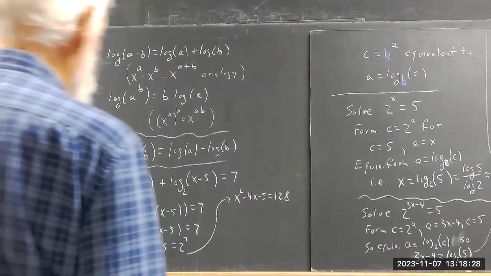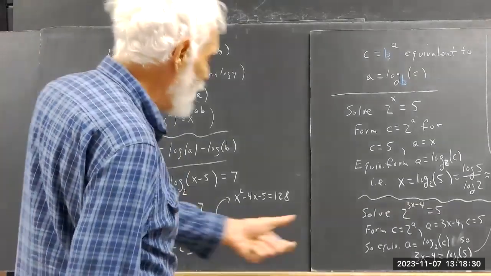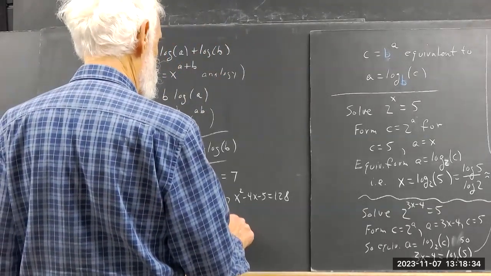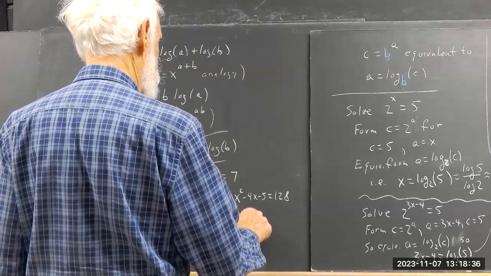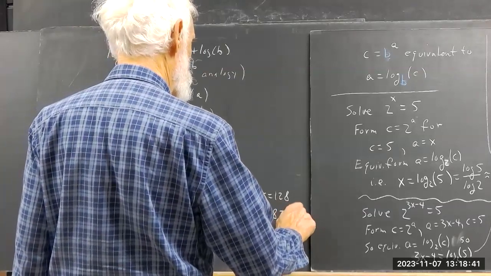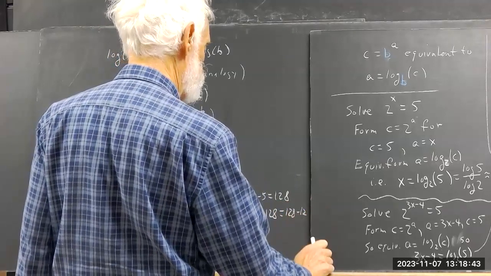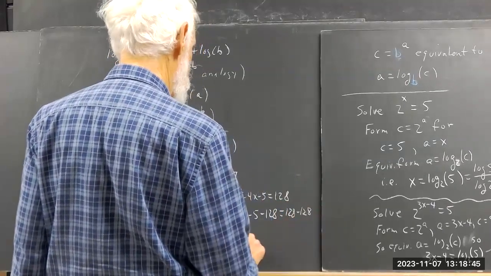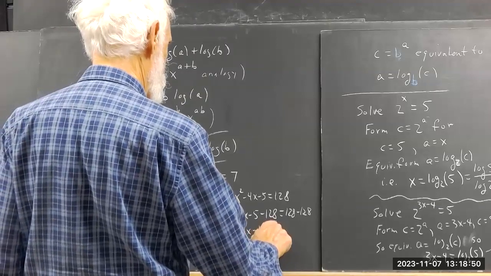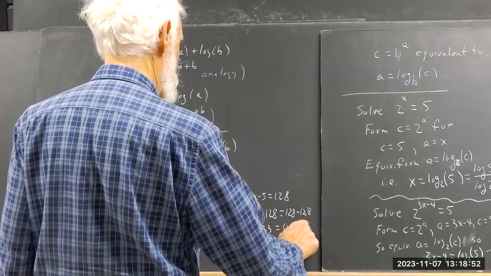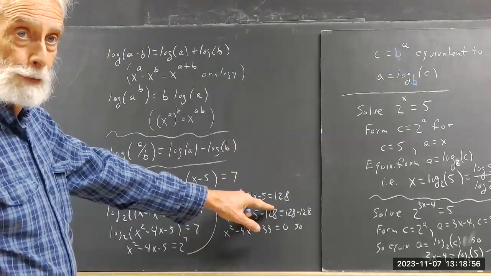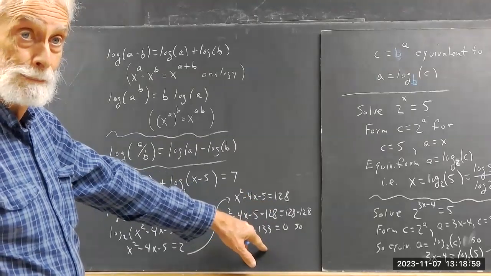Now you have to put it in standard form because I doubt this thing is going to factor. But from here, it's just do what you know how to do.